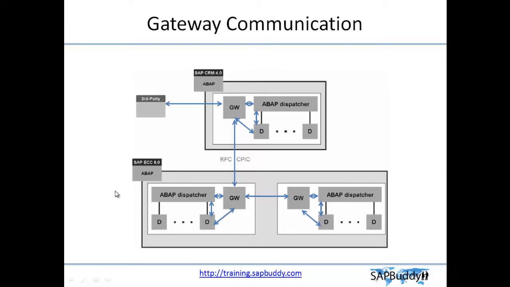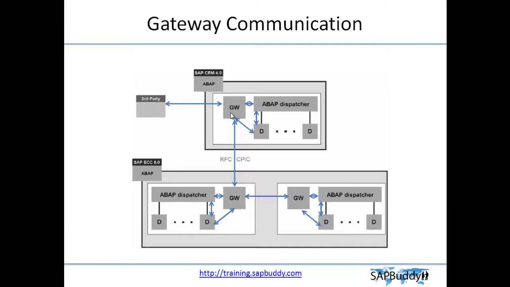However, if your landscape is quite big and you want to put security policies in place, or for different reasons you want a separate gateway service, then you can install gateway instances where you can configure the incoming calls and outgoing calls of specific servers.